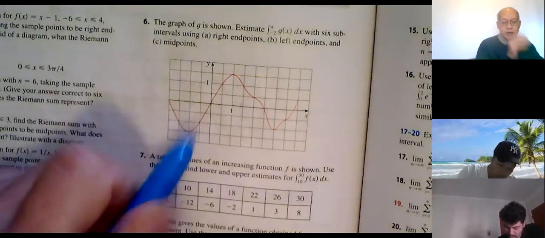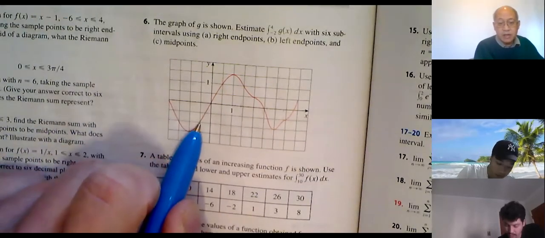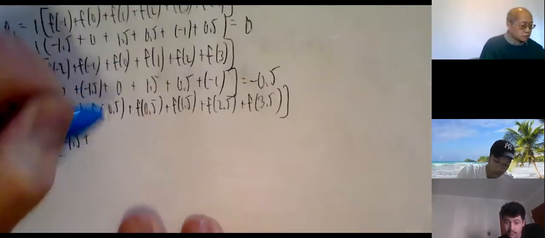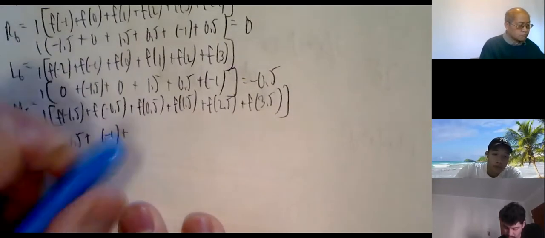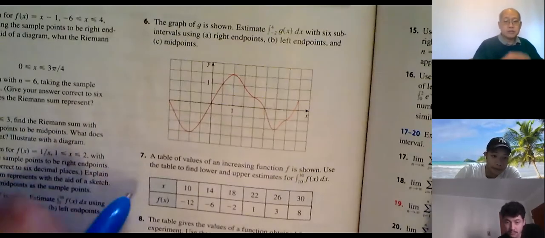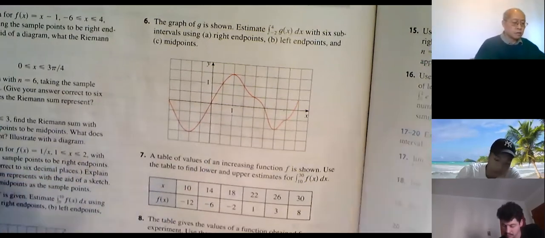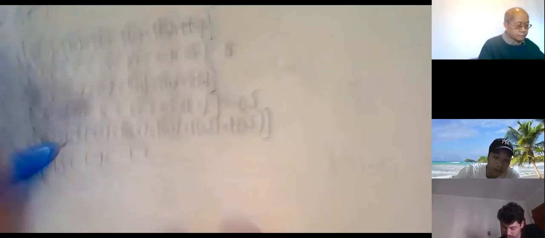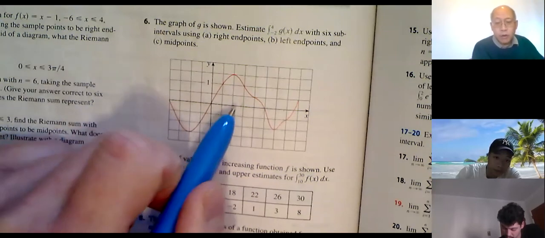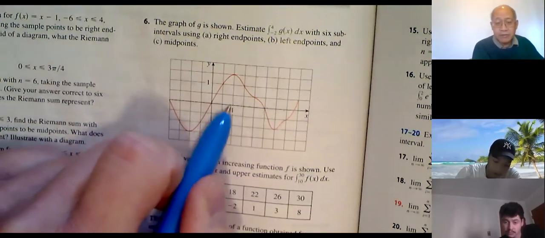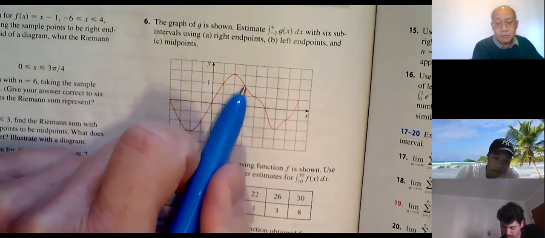F of -0.5, here's -0.5, -1. F of +0.5, that's 1 square, 1. F of 1.5, remember each square is a half, so 1.5, we're there, 1.